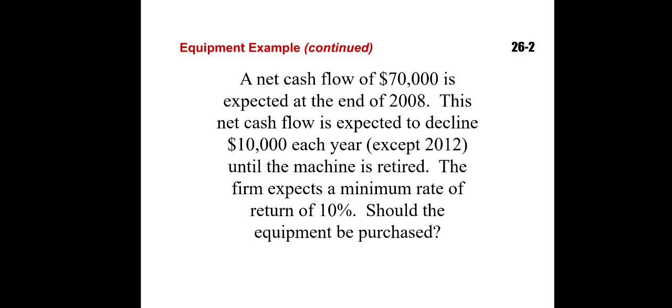This net cash flow is expected to decline $10,000 per year, except for year 2012, until the machine is retired. The firm expects a minimum rate of return of 10%. Should the equipment be purchased? This is the decision that the manager has to make, to purchase the equipment or not.